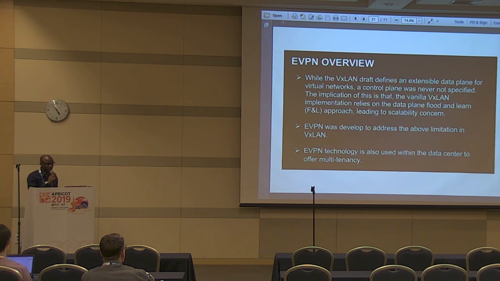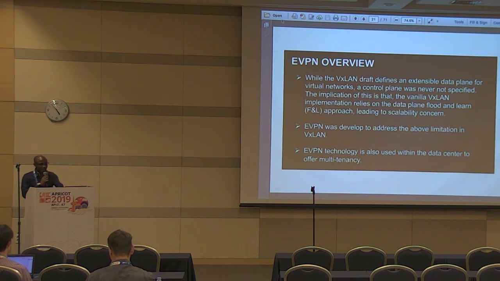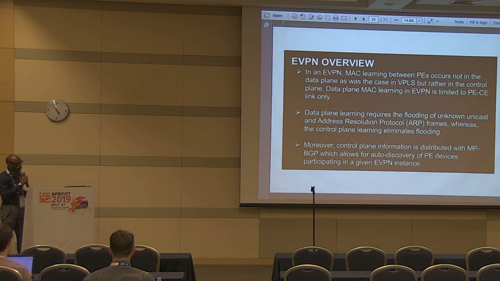And so basically, EVPN, let me just move to the next slide quickly. Within EVPN, MAC learning actually happens not in the data plane, but in the control plane. Here, multi-protocol BGP is being extended to carry MAC addresses.